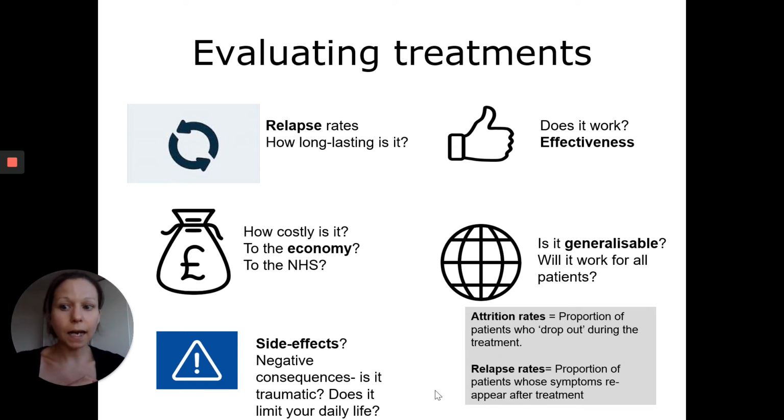And is it going to last a long time? Or are my symptoms going to come back? And what are the side effects? You probably wouldn't be too concerned about the cost to the wider economy, but somebody has to be. So all of these things are essentially our evaluation toolkit.